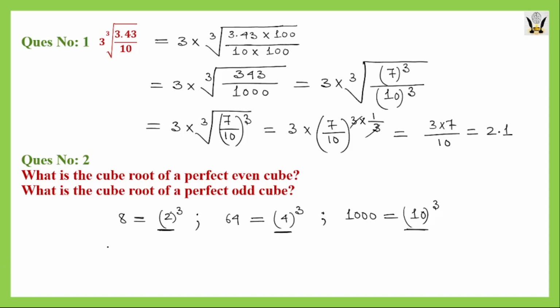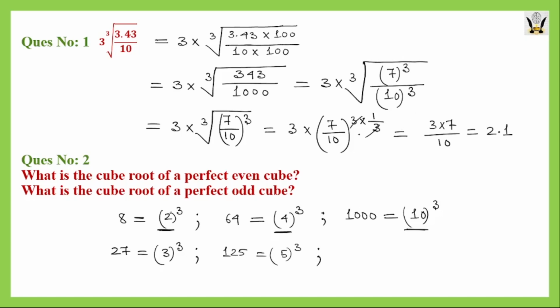Similarly, if we take the example of say 27, 27 we know is also a perfect cube, and that is a perfect odd cube. It is an odd number, and this is cube of 3. Now if we take the example of say 125, 125 is a perfect odd cube, and this is cube of 5. 5 5s are 25, and then 5 25s are 125.